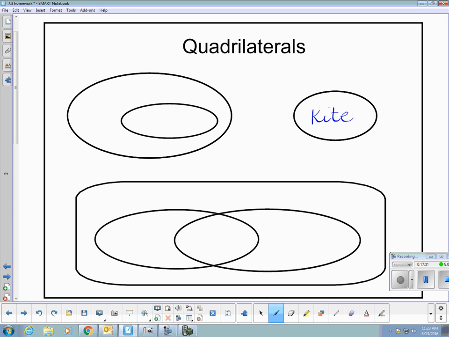And inside this region, we have the family of trapezoids. And within the family of trapezoids, we have isosceles trapezoids. And they're just a special type of trapezoid.